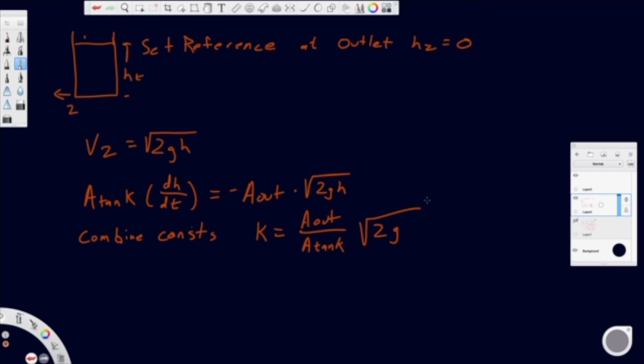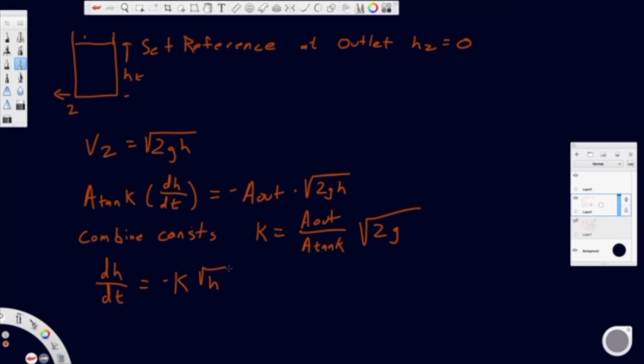So if we put this back in as our K, then we just have something that looks like this: dh/dt, the change of height over time, is equal to all these constants times the square root of the height. So now it's looking pretty simple, right?